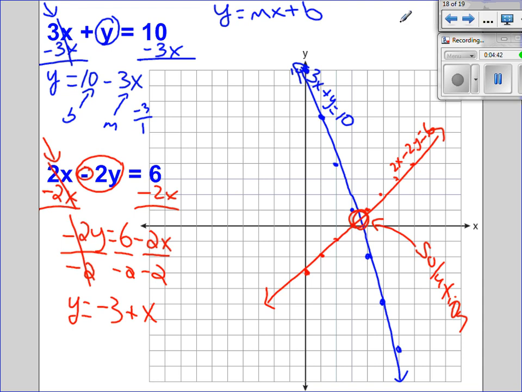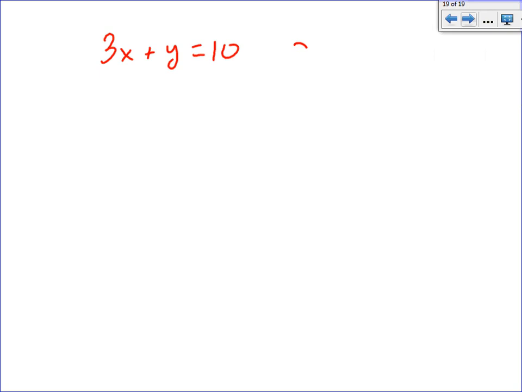So 2x minus 2y equals 10. Alright, that's better. Now, assuming we know how to put these into slope-intercept form, or we know how to graph it, we can see where they intersect.